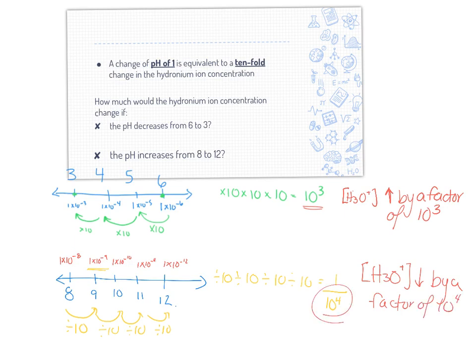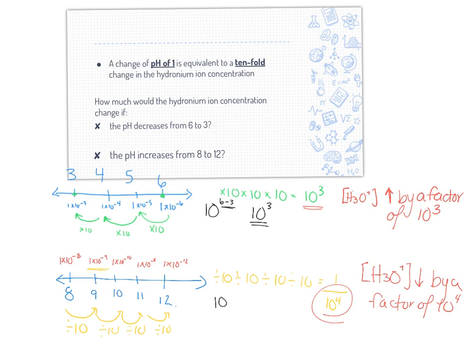Now, an easy way to remember this is that every time we change, it's a factor of 10. In this case, 6 minus 3. So we're changing the pH from 6 to 3. So we go 10 to the power of 3, and that is an increase. It's a positive exponent.